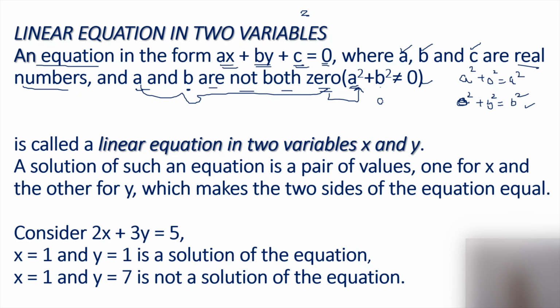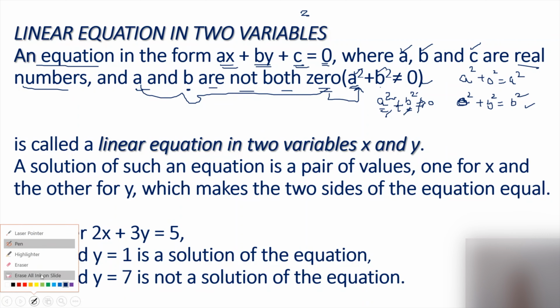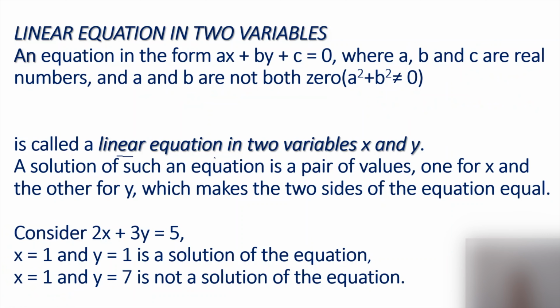Or if some value of a is there and some value of b is there, and we square them, we get positive numbers, and if we add positive numbers, the result is definitely going to be more than 0. These values cannot cancel or vanish each other. Therefore, if a and b both are not 0, then this cannot be equal to 0. It means if both of them are not equal to 0, then a square plus b square cannot be equal to 0. This type of equation is known as a linear equation in two variables, that is x and y.